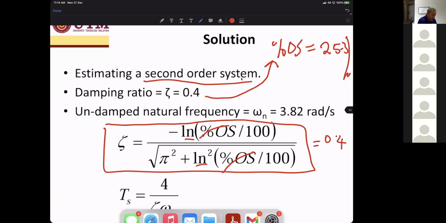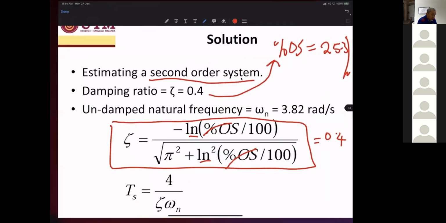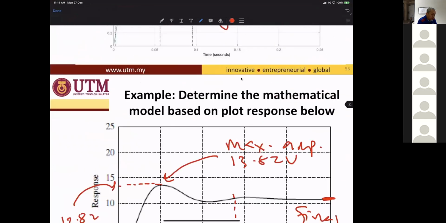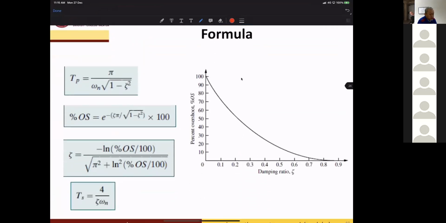Or you can use the graph. Remember this graph? At 25.3, this goes down, lebih kurang still, which will give you 0.4 zeta.